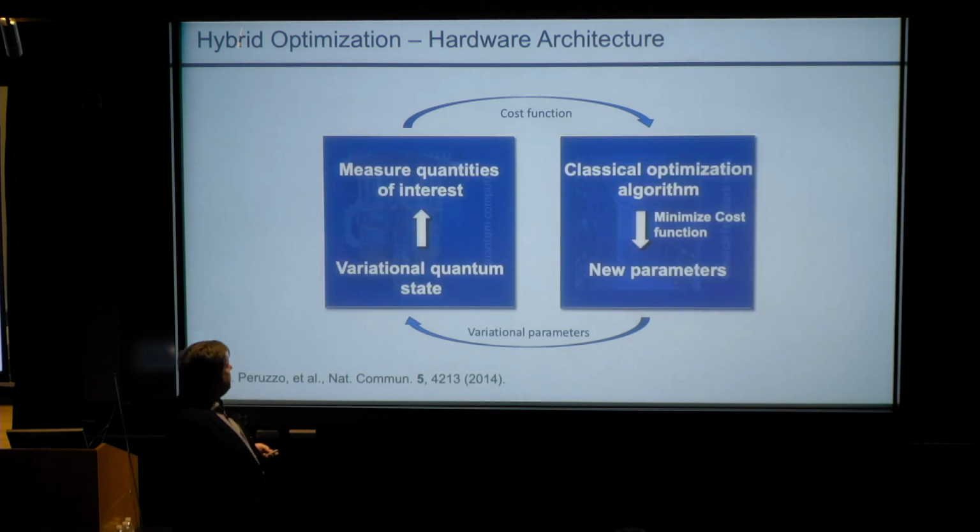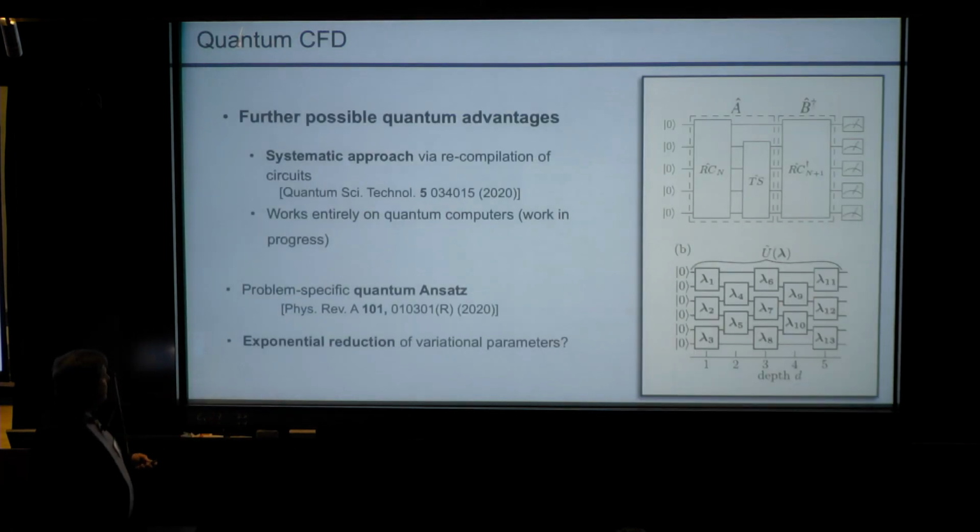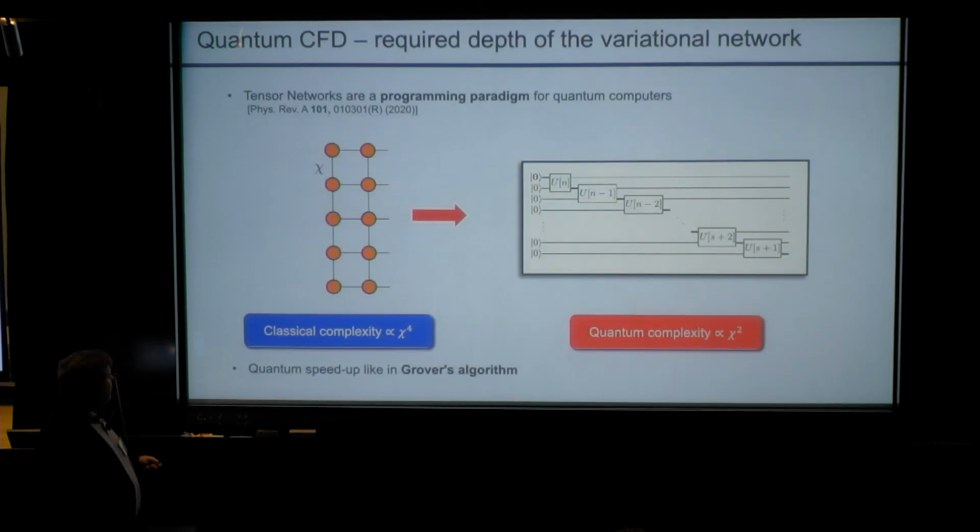If instead, and I'm skipping through this, you create these states, which classically are matrix product states, by writing down corresponding quantum networks, the complexity in generating any matrix product state with a certain chi can be reduced to chi squared.